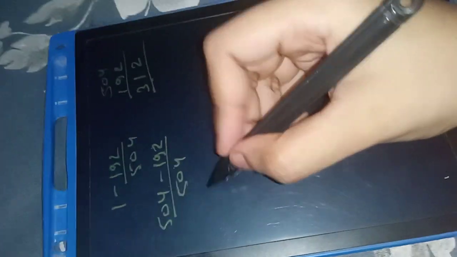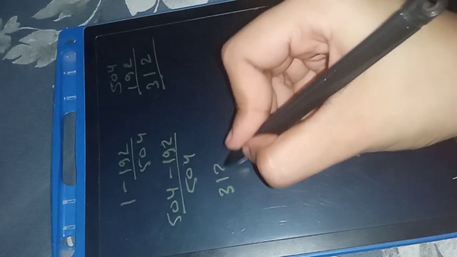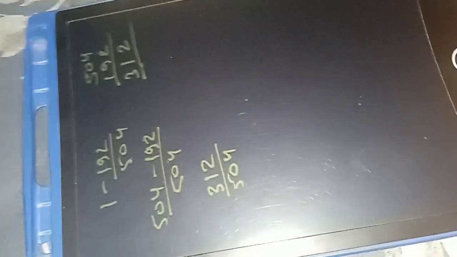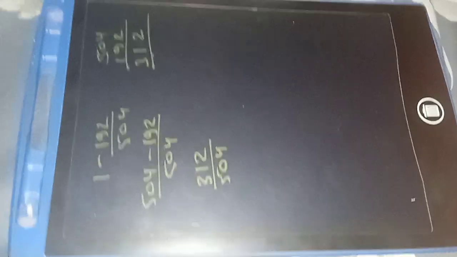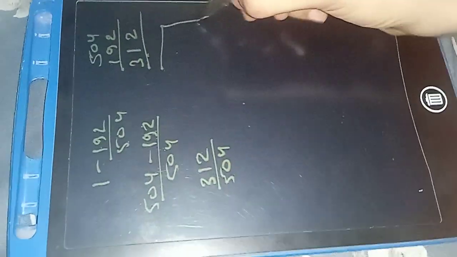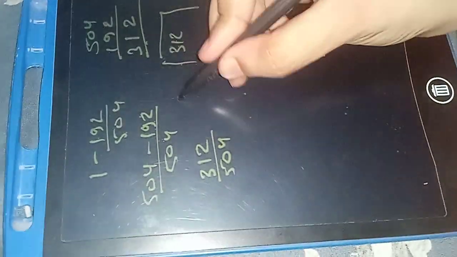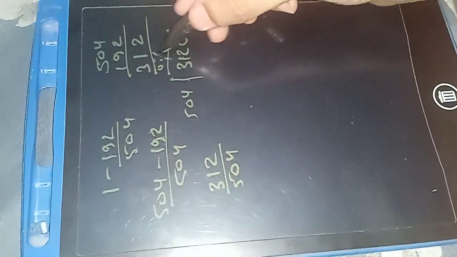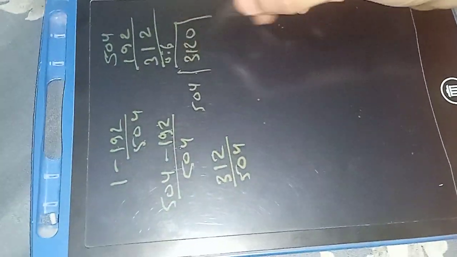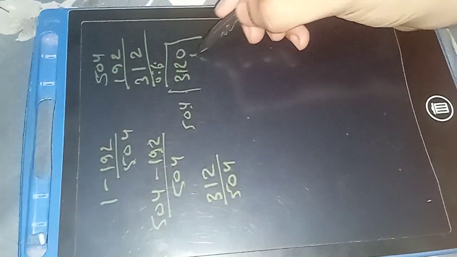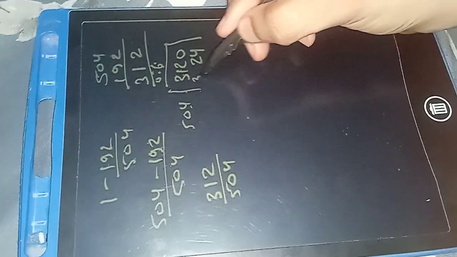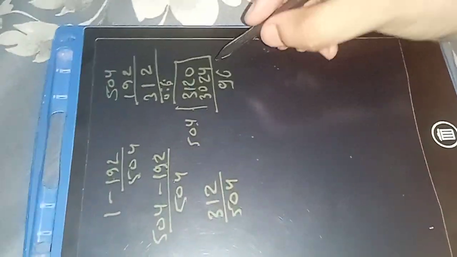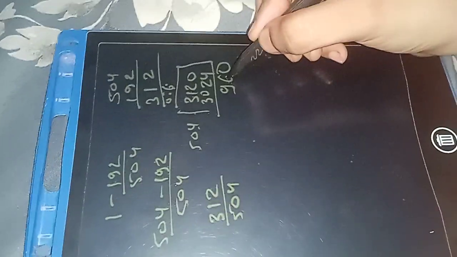Now just divide it. It is the last step of the whole process. 312 divided by 504: 0.6. 504 into 6, 6 fours are 24, 6 fives are 30. We subtract it and get 96.